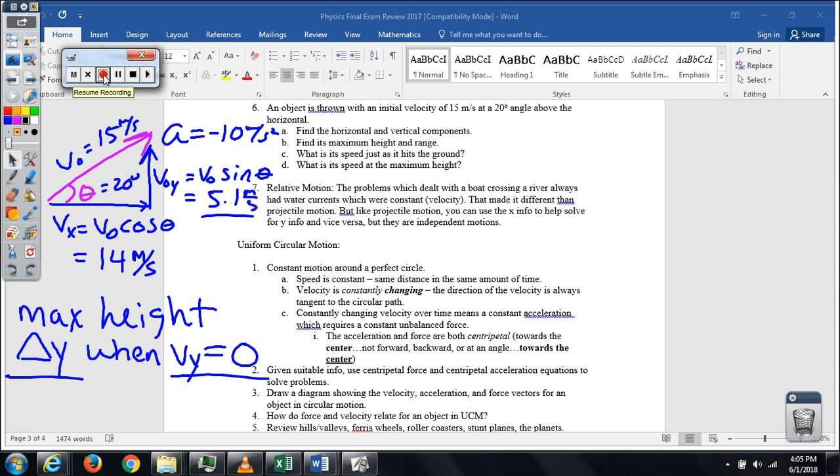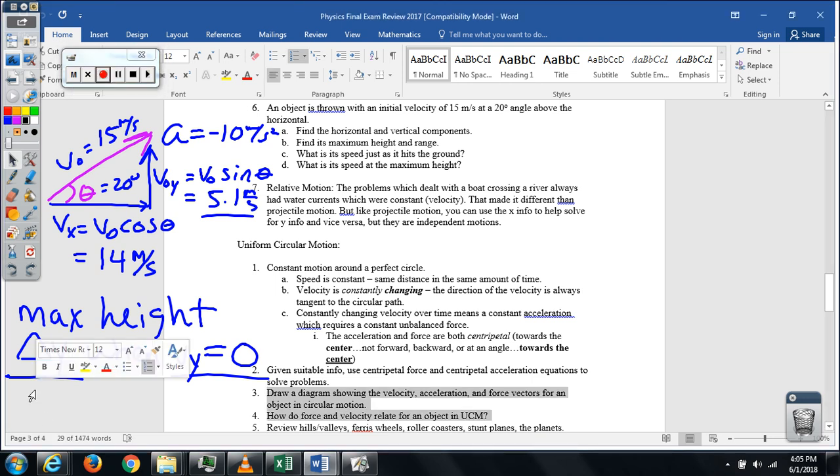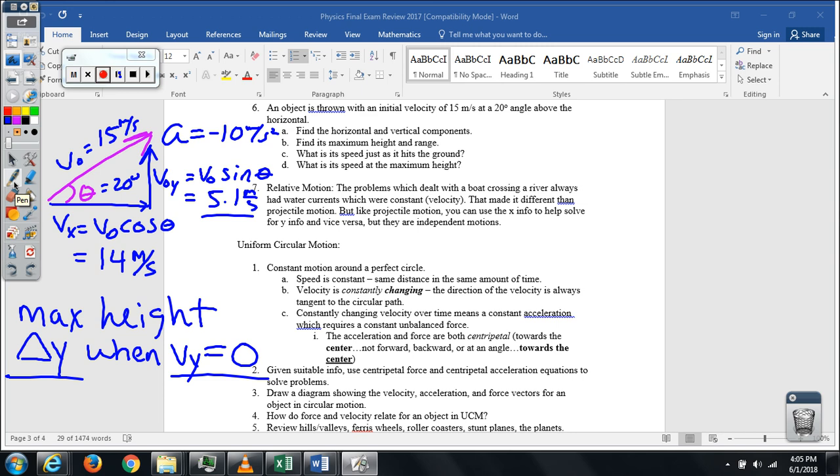So the max height should be about 1.3 meters. I did that without knowing the time that it spends in the air. Now the max range depends on where it lands.